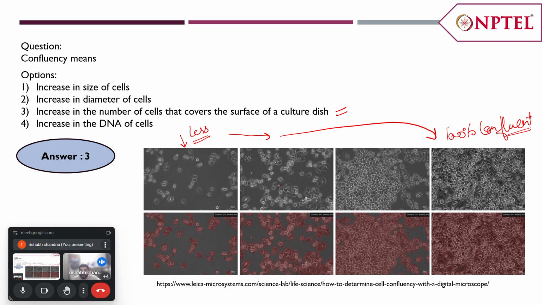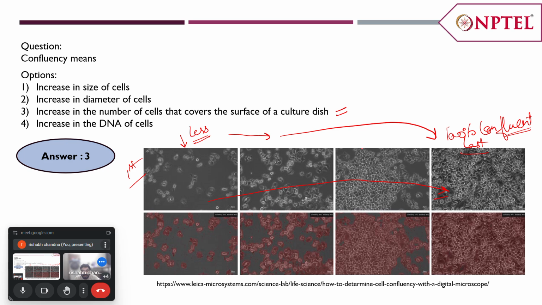So here this is the first day after plating the cells, followed by the last day. That can be two, that depends upon the number of cells that you have put in a plate. Here the confluency increases from this particular case to this particular case.